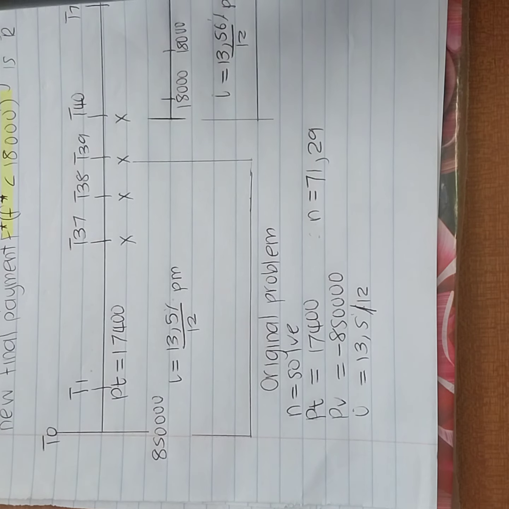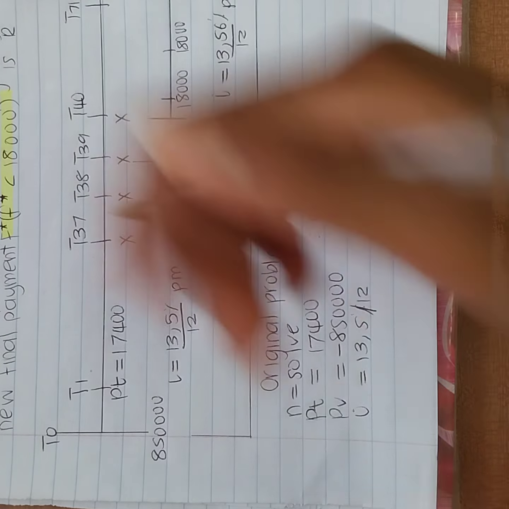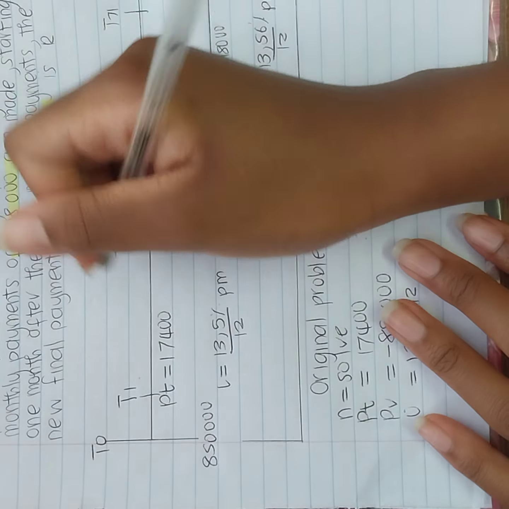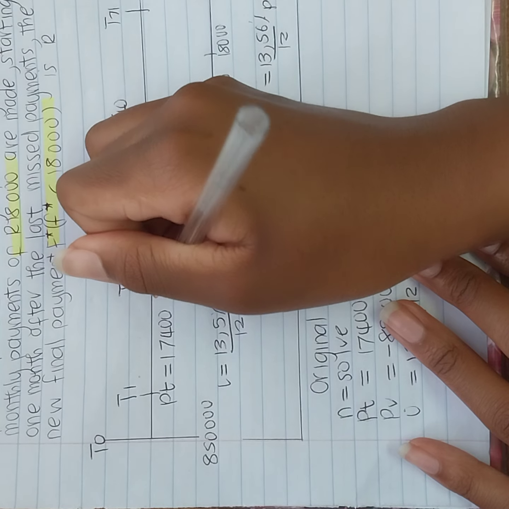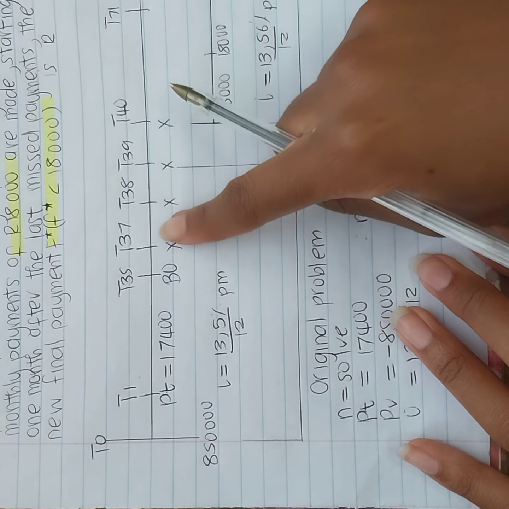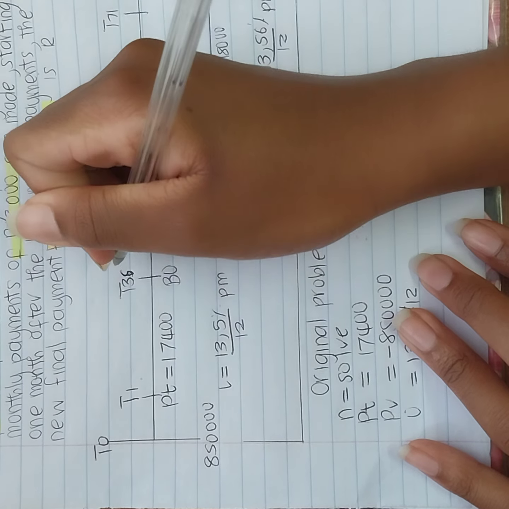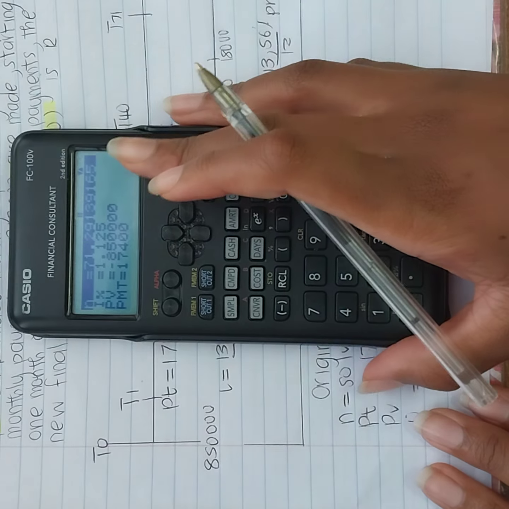So what I need to know is, what was my balance outstanding at T36 before I missed the payments? That is the important thing about missed payments. You always calculate the balance outstanding at the previous period. So you will calculate balance outstanding at T36, not 35, at T36. So you have the information under CMPD.